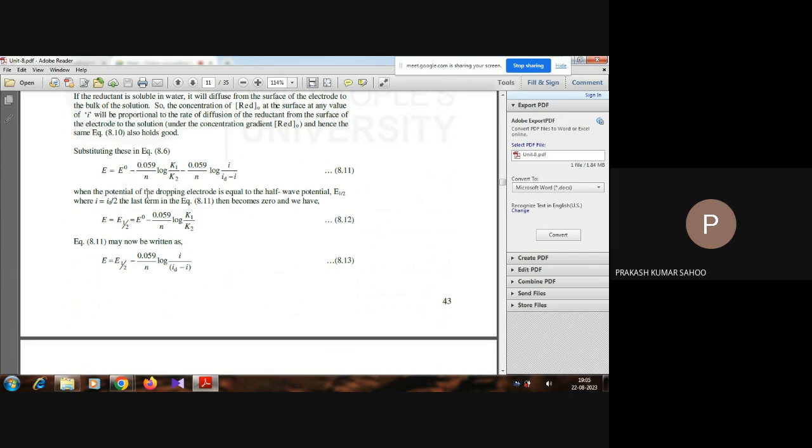When the potential of the dropping electrode is equal to the half-wave potential, then I becomes ID by 2.